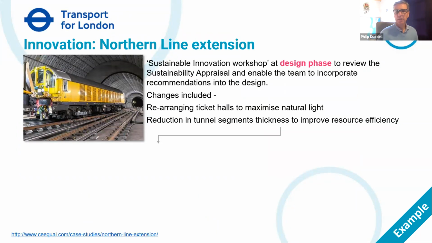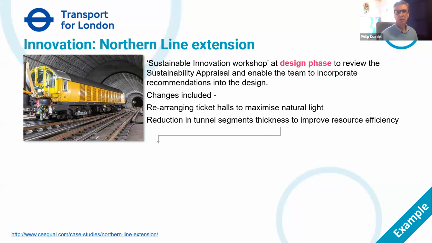Transport for London, another one. Now this was very much a focus on innovation. Okay, it's about the tube and rail, and not necessarily particularly directly relevant to the education sector, but I think the important thing is about innovation. And again, that links in very much, as we said yesterday, to circularity.